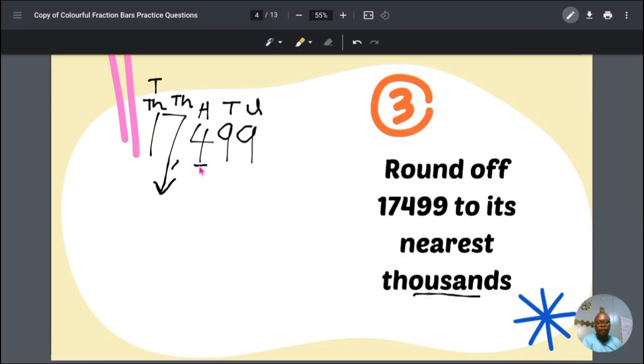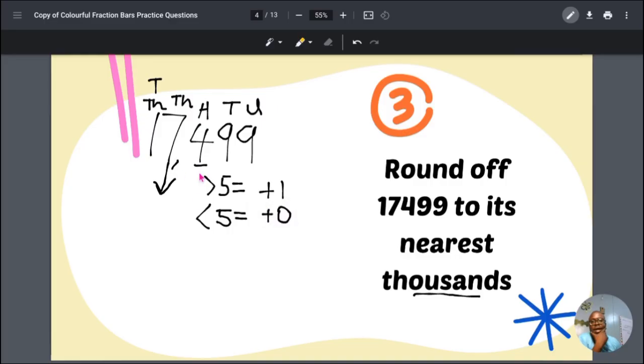Now, if the digit here, for example, is greater than 5, that means you have to cancel it and add 1 to your number, which is a 7 here. If it is less than 5, you will just ignore it, or let me say add 0.